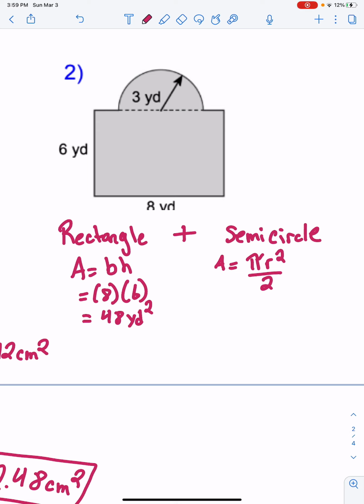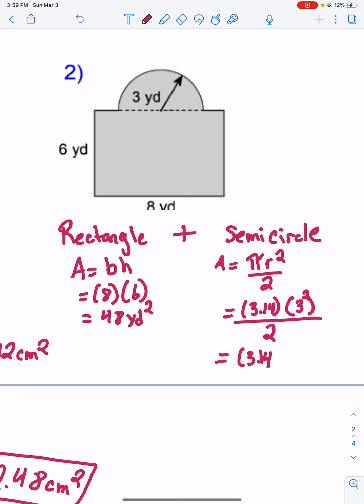Moving on to the semicircle, we know that pi is 3.14, and the radius, which is the distance from the center of the circle to the edge of the circle, is 3 yards. So instead of r squared, I'm going to write 3 squared, and then we're going to divide by 2. Let's focus on that exponent. 3 times 3 is 9.